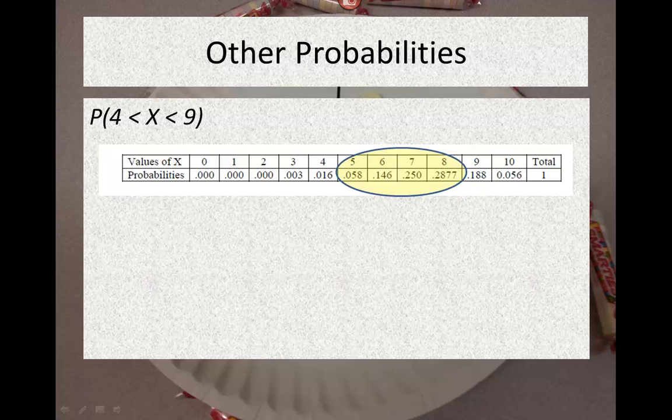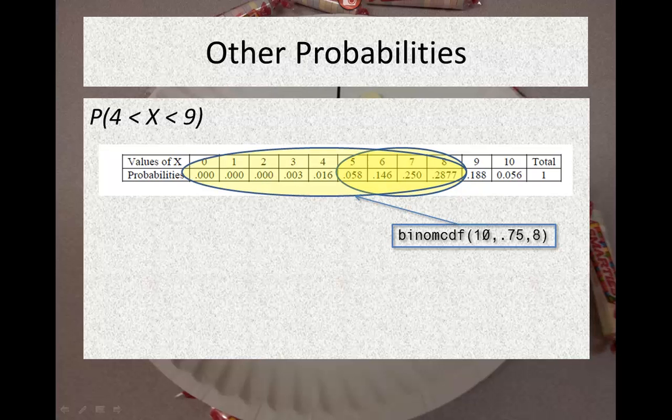Well, recall that the binomial CDF command gives us the probability of less than or equal to the number we input. So let's look at the probability of less than or equal to 8. It's overcounting. Specifically, it's overcounting the probabilities of 0, 1, 2, 3, and 4. If we subtract those, we will adjust for the overcounting.